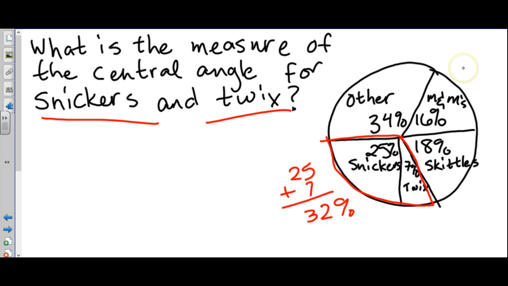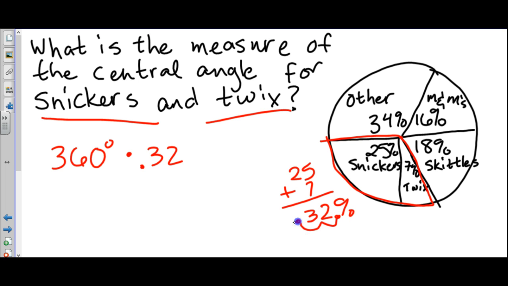So if we want to know the measure of the angle, we know an entire circle is 360 degrees. And we just have to multiply it by the percentage that we're actually looking at. 32%, if we want to work with it, it needs to be a decimal. So we're going to change it to be 0.32. 32%, the decimal, if it's not written, is on the end of the number.